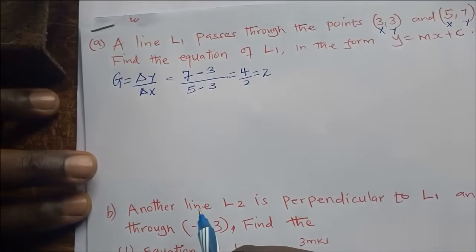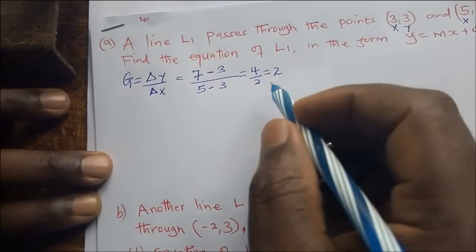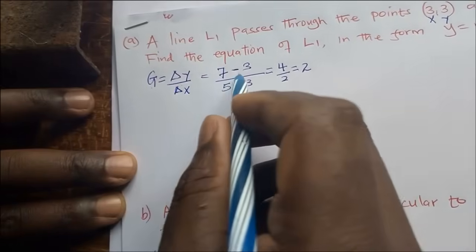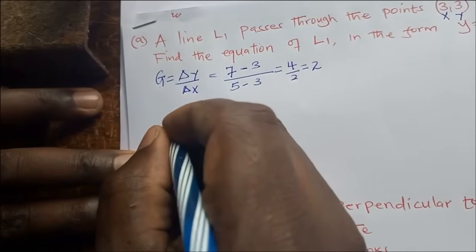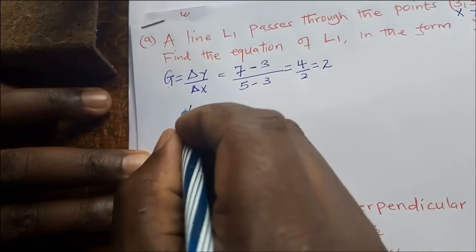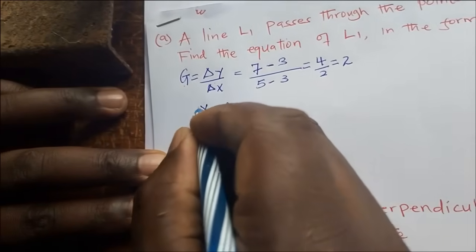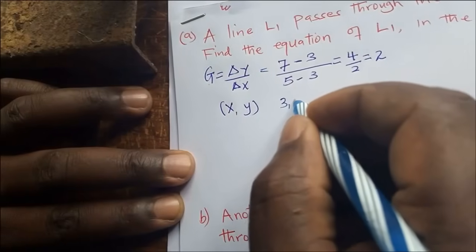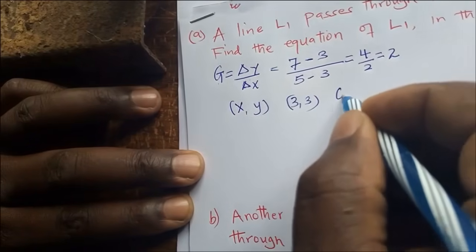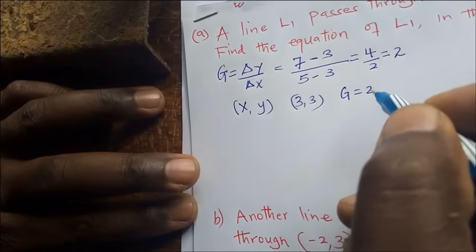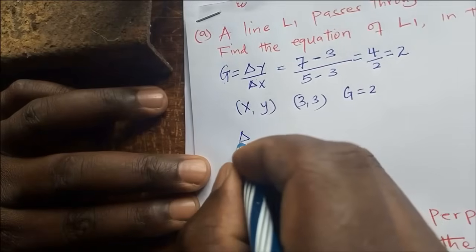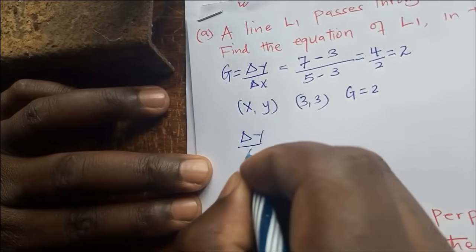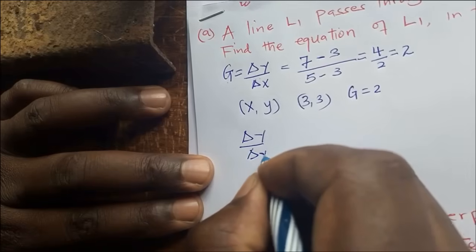Now, since we have the gradient, we know the gradient is given by this, and this is an equation actually. So therefore, we take point (x, y), which is the general point, and one of the points we can even take (3, 3), and our gradient is equal to 2. Now we can form an equation knowing that gradient is equal to change in y over change in x.